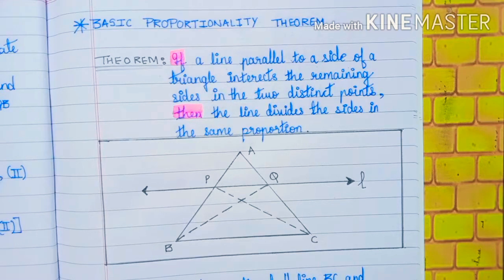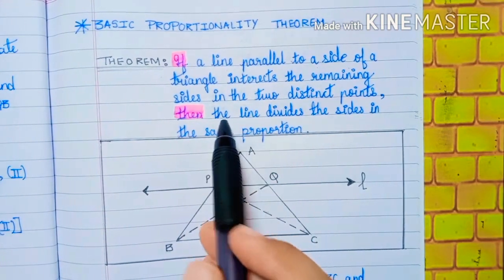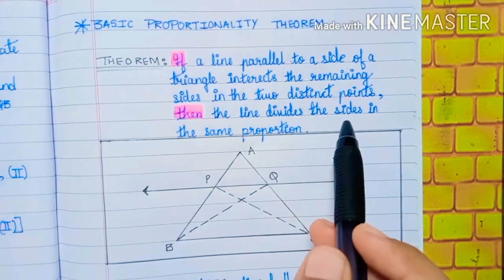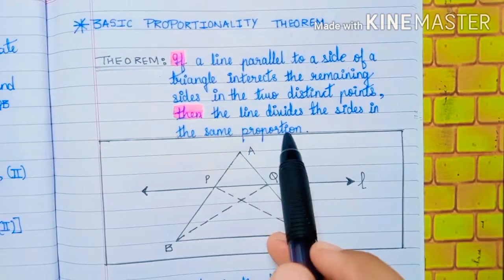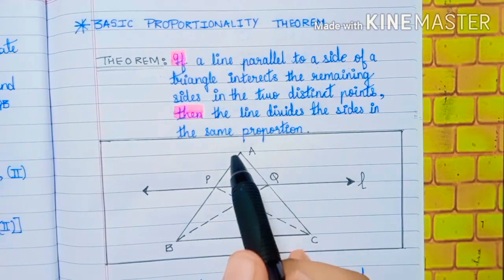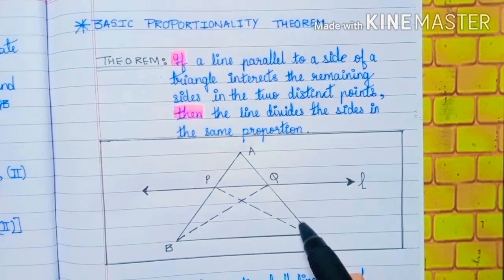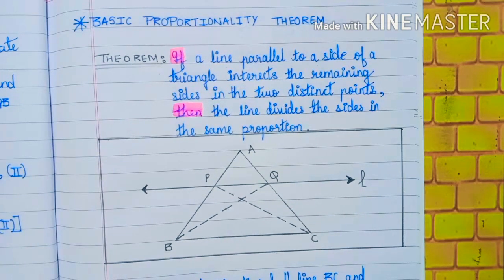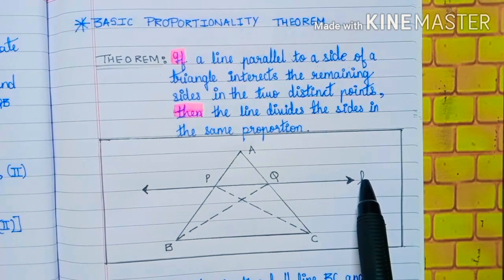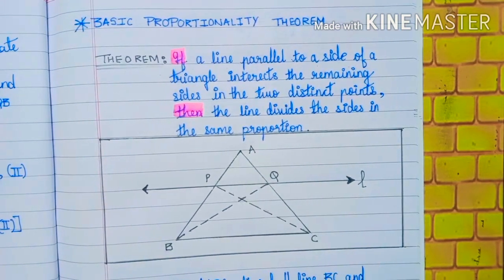Let us move on to prove, that is the sentence given to us after then. After then, what is given to us is the line divides the sides in the same proportion. The line L, that is this line, divides the two sides AB and AC in same proportion. So when the line L will be dividing the sides AB and AC, how will it divide it?